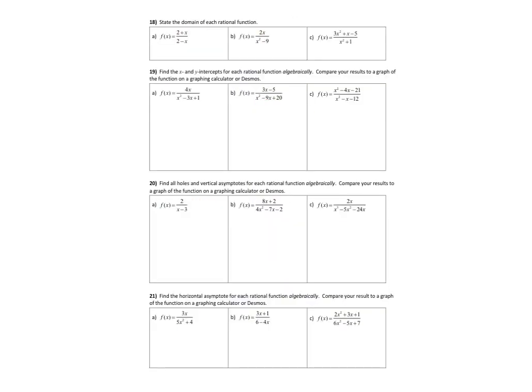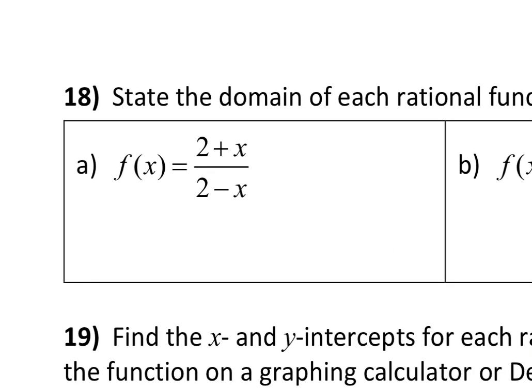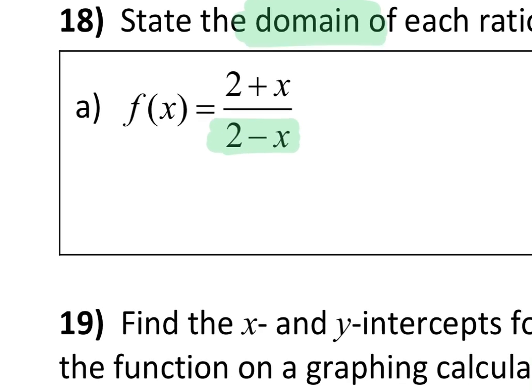Now we have some questions about the graphical characteristics of a rational function. And we'll start out with the domain. And that one should be pretty easy. You guys did really well in Unit 6 with domains and restricted domains. And remember that for a rational function, the domain is only restricted by what would make the denominator equal to 0.